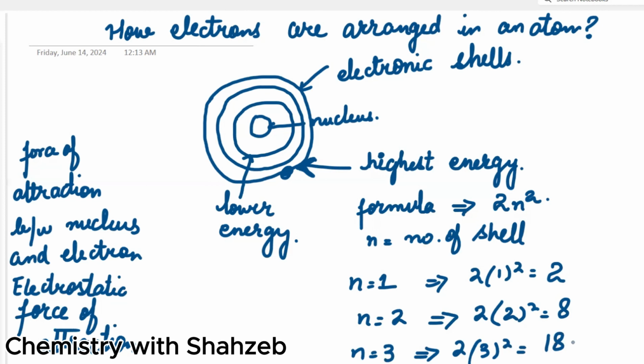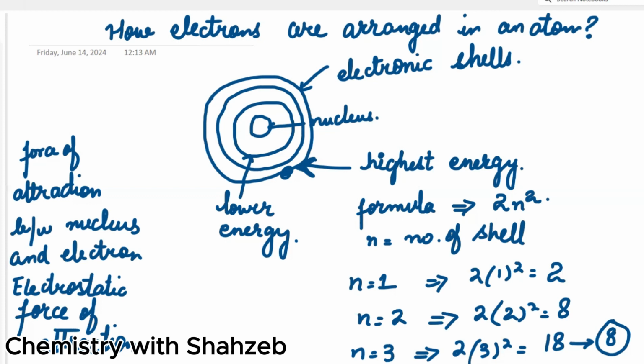However, the third shell, in the elements that we are going to discuss in the O levels exam, would also accommodate a maximum of 8 electrons. This we need to memorize. We are concerned with the elements having atomic number from 1 to 20.